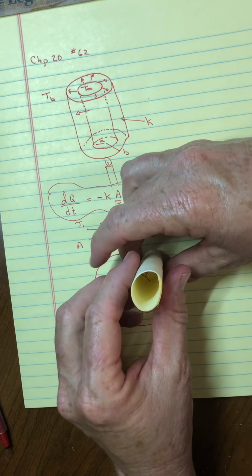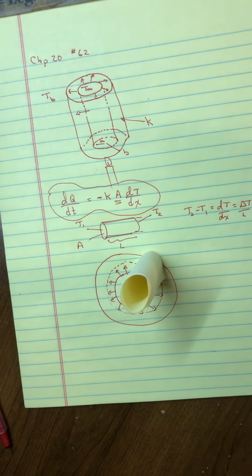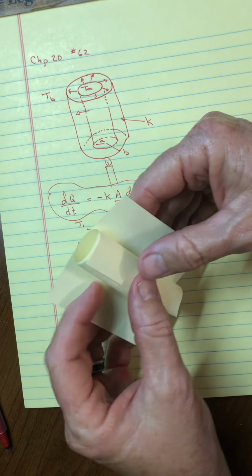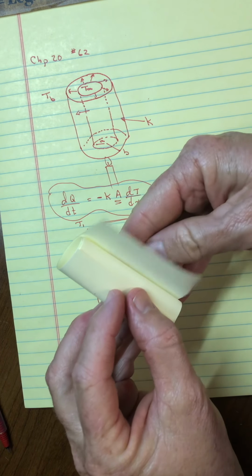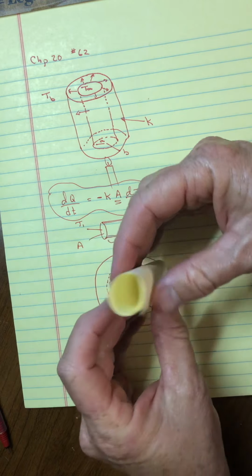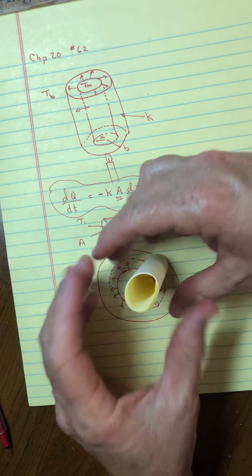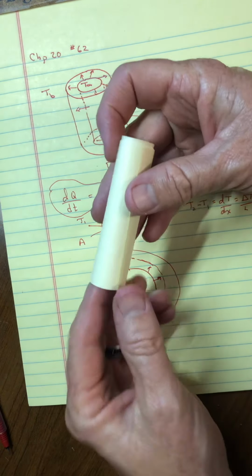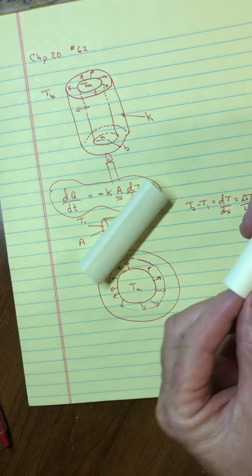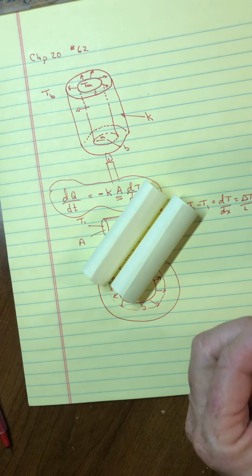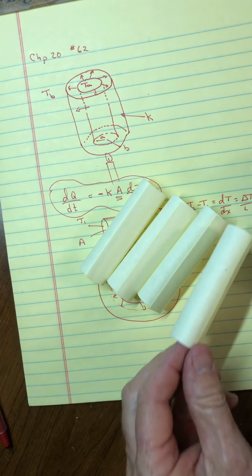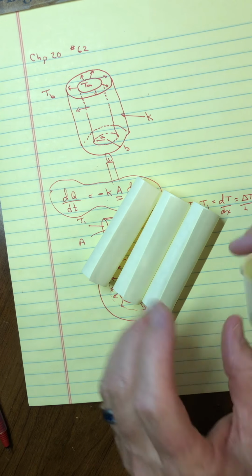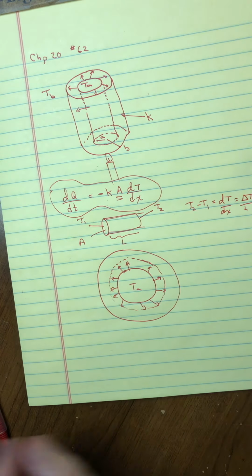This is kind of fun. And maybe I'll do one more just for my fun here, a fourth one. What I'm going to eventually get is a hollow cylinder that's got some thick walls. We call this the shell method, if you will. So it's got to flow first through that cylinder, then through that cylinder, then through that cylinder, and then through that cylinder. And each one has a slightly bigger radius here.